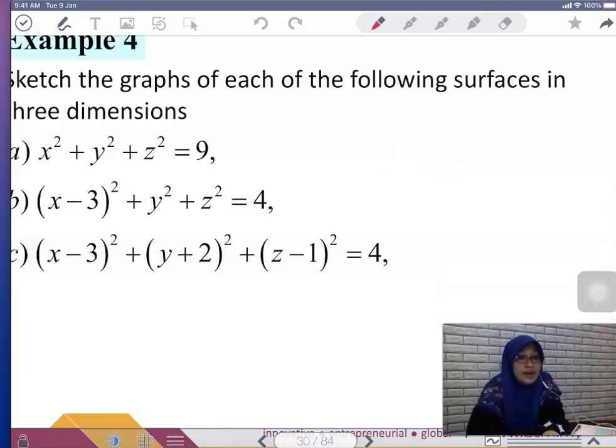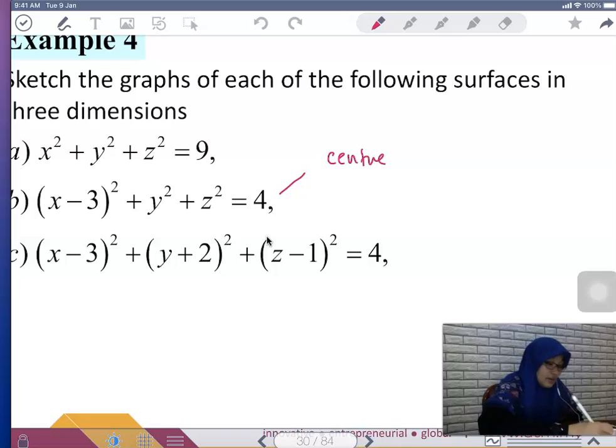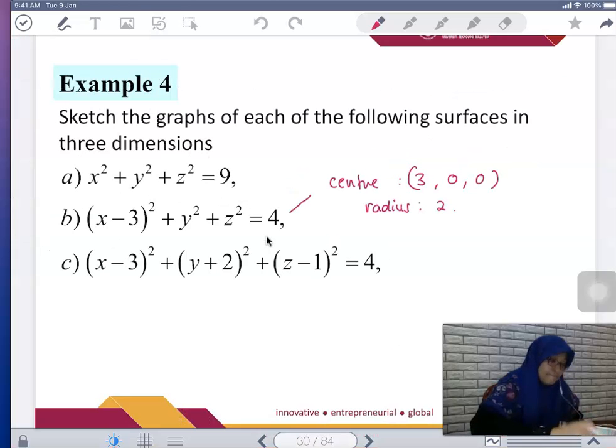The center of the circle is located at 3, 0, 0. How about the radius, or r? Radius is 2.